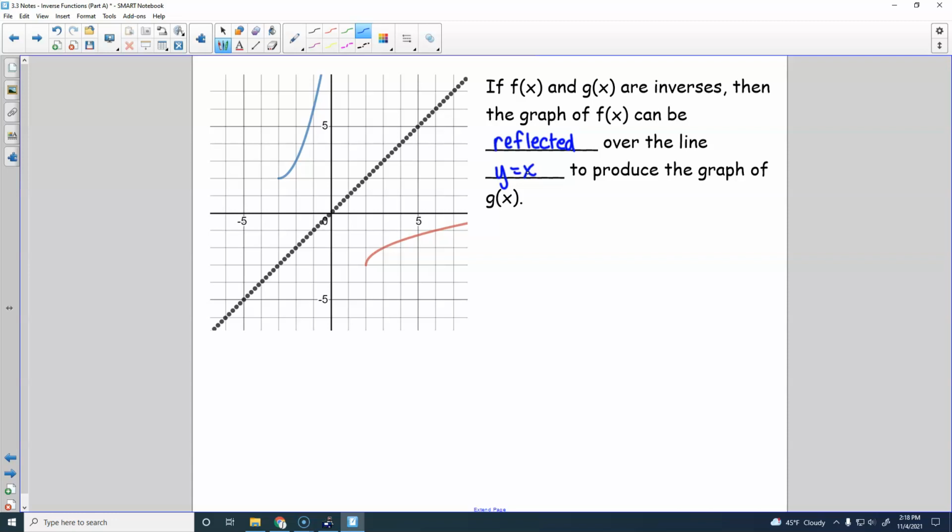This is sort of like a recap of pre-cal for this part, because what we're going to be doing is taking derivatives of inverse functions. So any function you have, if you graph it with its inverse, they're going to look like they're reflected over that line y equals x right there.